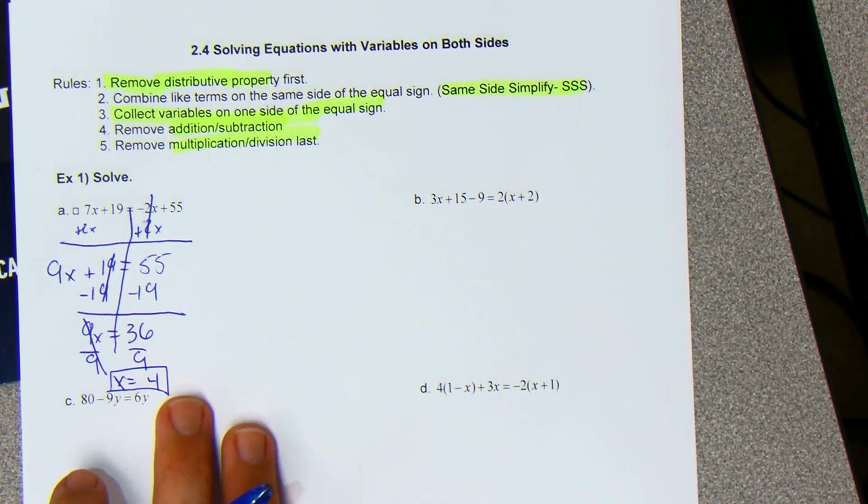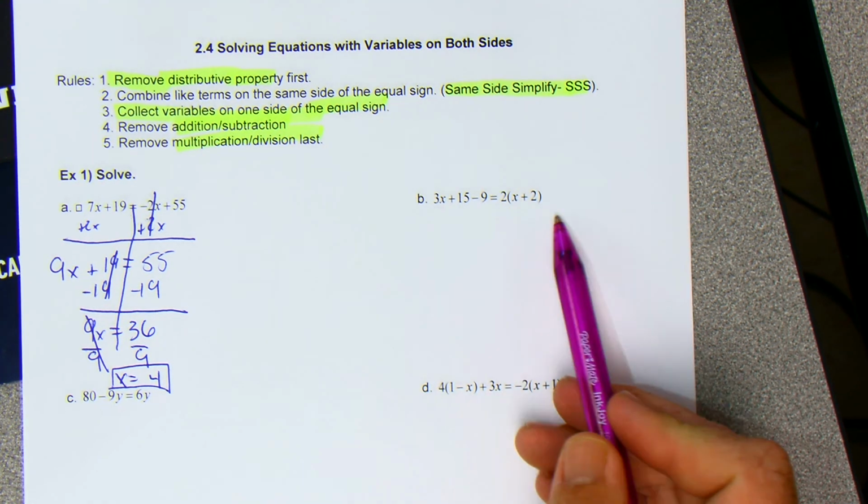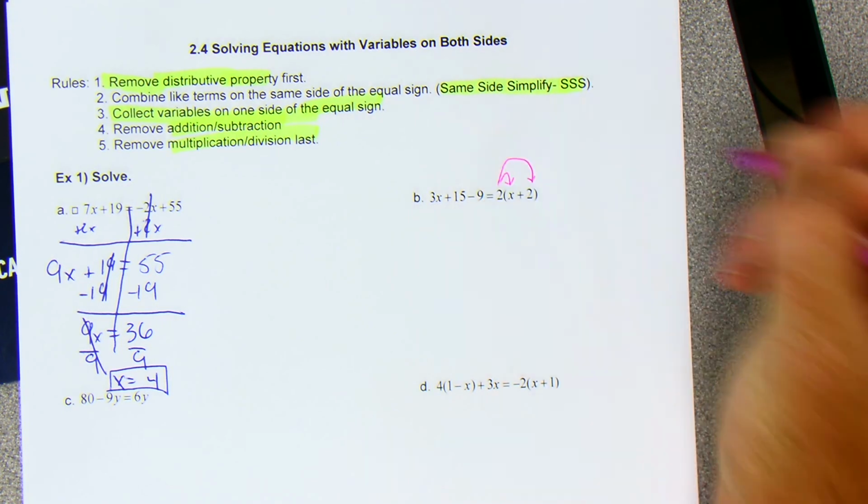The first thing I want to think is, do I have any distributive property? If I look closely, I do, right? I have this 2 outside this x plus 2. So I need to distribute this 2 into the x and this 2 into the 2.